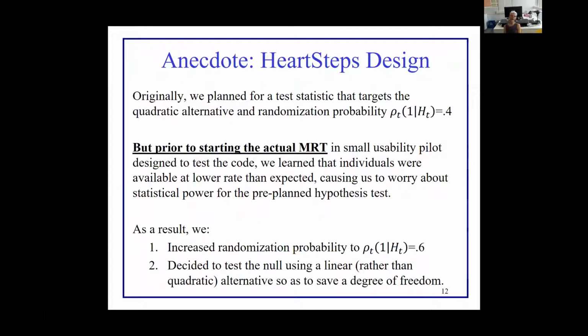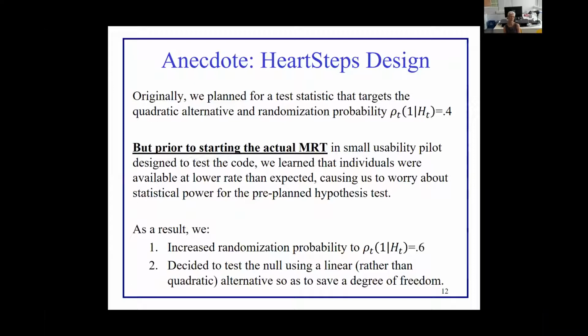Okay, so what happened when we got ready to run that micro-randomized trial? We developed an app, a mobile app, and that involves a lot of coding, as you can imagine. So what we did was we ran a small pilot just to test our software. And what we learned was that the participants were unavailable around 20% of the time. So available around 80% of the time.